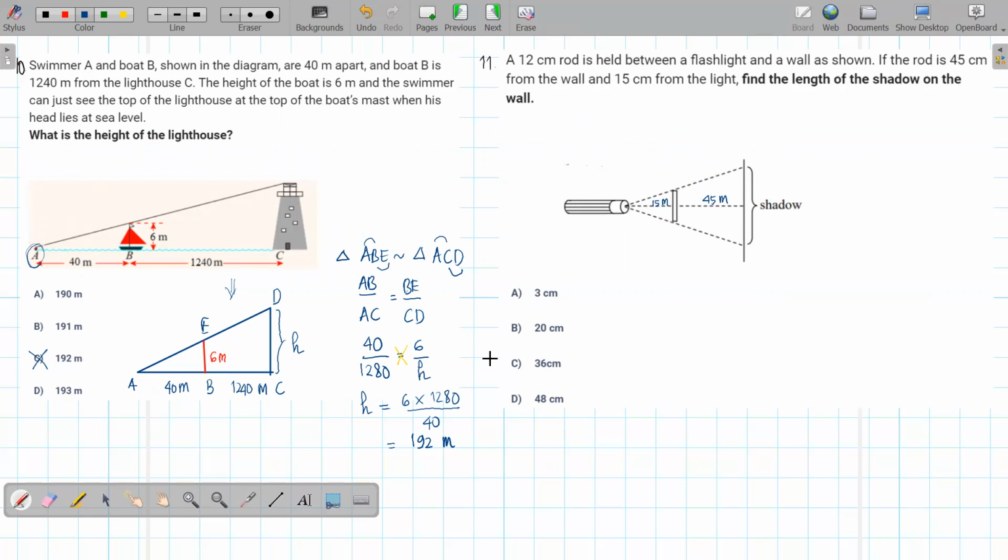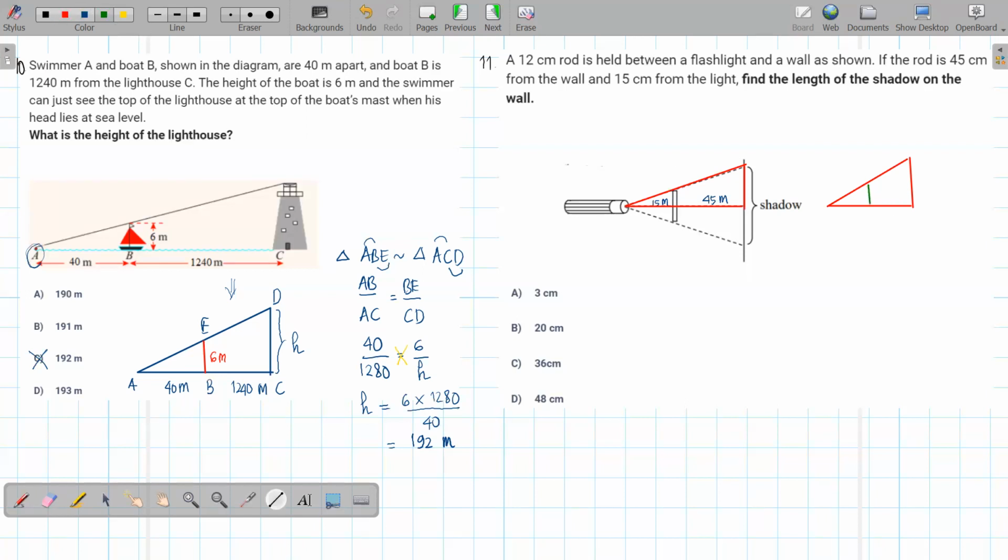Let me take the triangles from this illustration. Look how I take these triangles. It will give me something like this, and this is the rod.